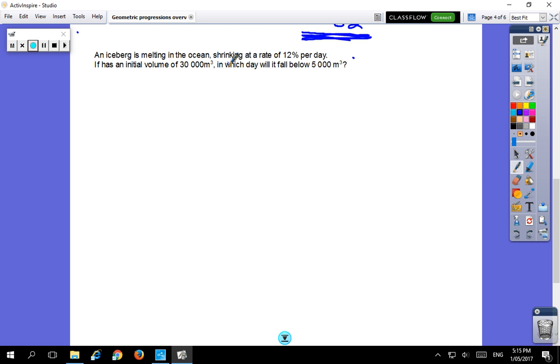It's melting, shrinking, so it must be decay. So the amount is equal to what I started with, 1 minus the rate, to the power of n. It has an initial volume of 30,000 meters cubed. On which day will it fall below 5,000 meters cubed?